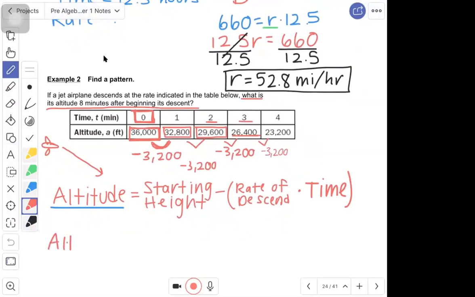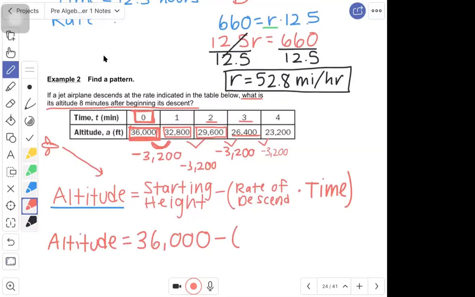So we'll copy that down. Our starting height is our 36,000 feet, what we started at before we started descending. So our original, so a times 0. Our 0 is like an O, like your original height. So that's 36,000. And then we're minusing our rate of descent.